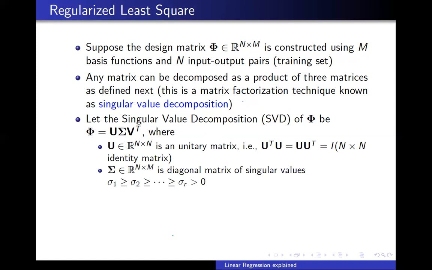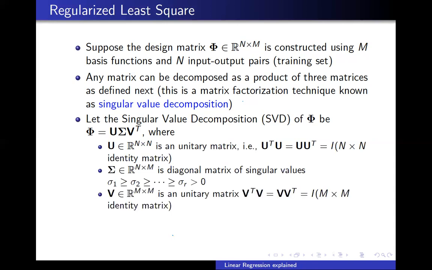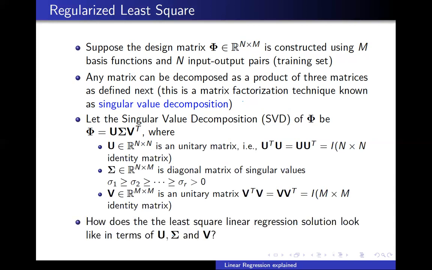Sigma is an n by m diagonal matrix of singular values, where you can have at most r singular values which are positive. All the other singular values are 0, in which case the rank is r. And then V is an m by m unitary matrix again, such that V transpose V, or V times V transpose, becomes the m by m identity matrix again.